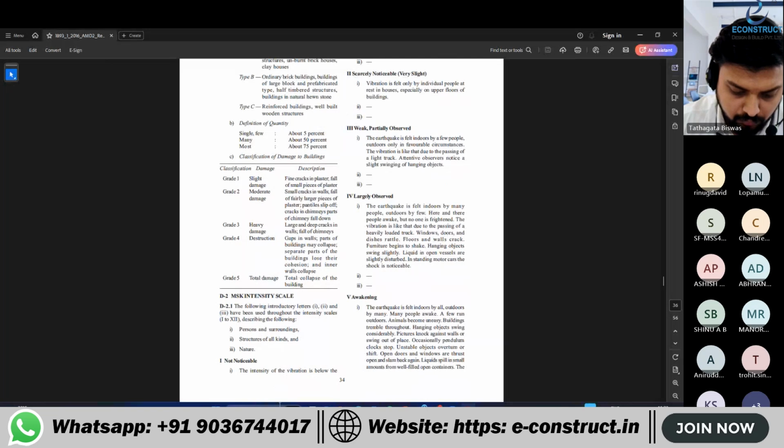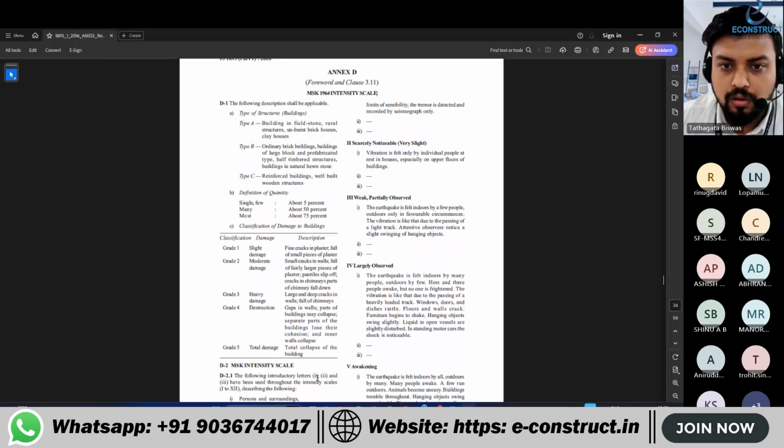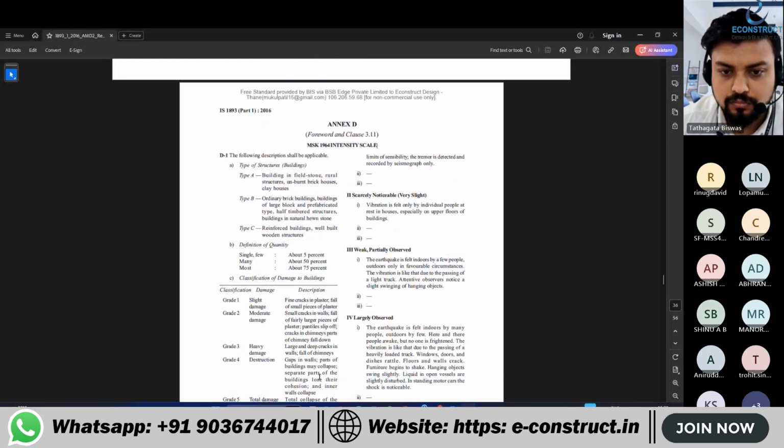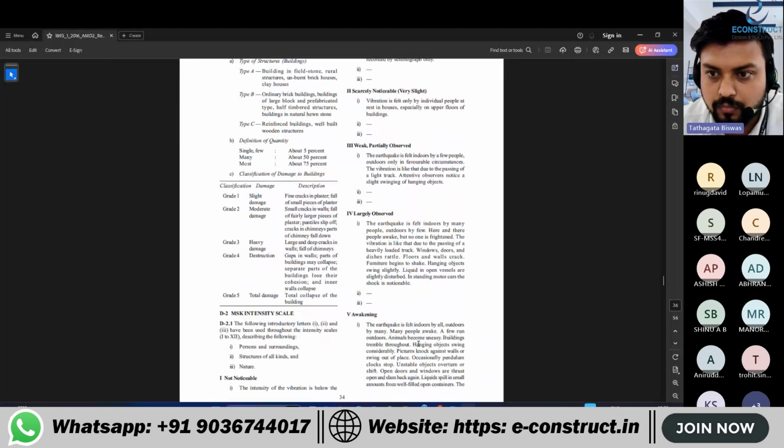Second, scarcely noticeable, very slight. Vibration is felt only by individual people at rest in houses, especially on upper floors of buildings. Third, weak and partially observed. The earthquake is felt indoors by a few people, outdoors only in favorable circumstances. The vibration is like that due to the passing of a light truck. Attentive observers notice a slight swinging of hanging objects.